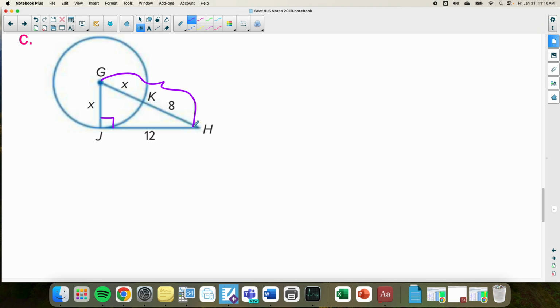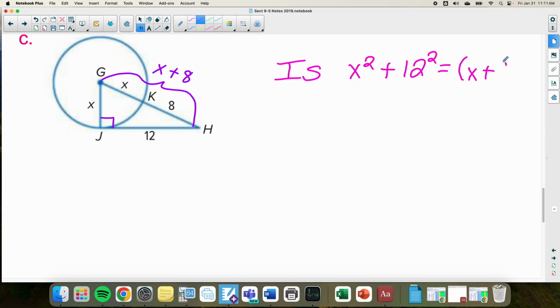Yeah, we just know that it's x, we don't know that it's 8 for sure. Okay, so do you guys get that I could write this as x plus 8? Everybody understand that? Okay, so here's what I'm gonna do. I'm gonna say, is x squared plus 12 squared equal to x plus 8 squared?